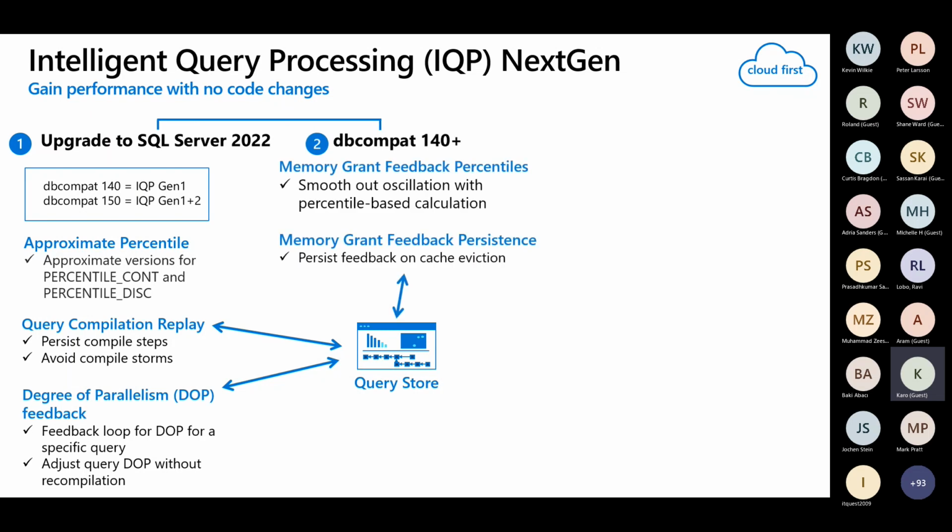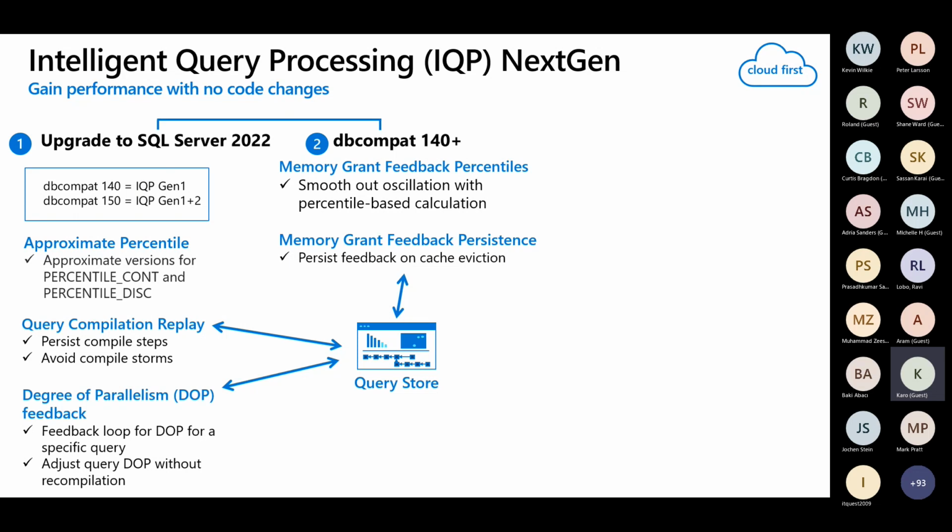Second of all, let's say that you are on one of these two compat levels. One of the things that's not obvious here maybe is that if you're on DB compat level like 130, an older one from 2016, and upgrade to SQL 2022, you still get the things on the left-hand side of the screen here. But if you are on DB compat 140 or greater, including 140, 150, and the new one called 160, which I'll talk about in a second, we are going to improve the memory grant feedback process, which we introduced in SQL 17.